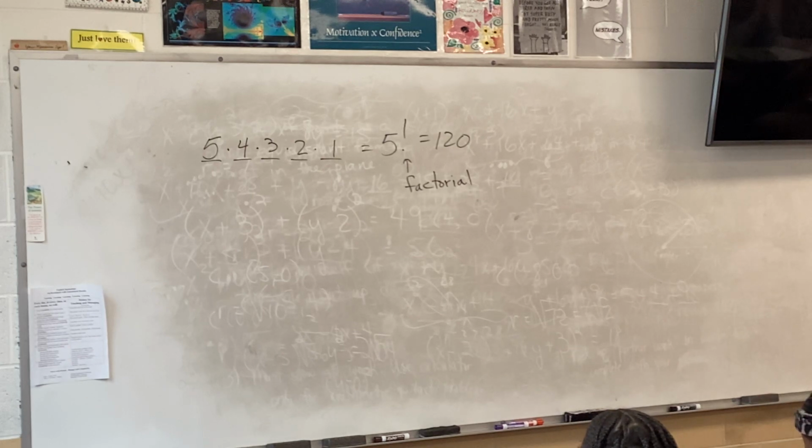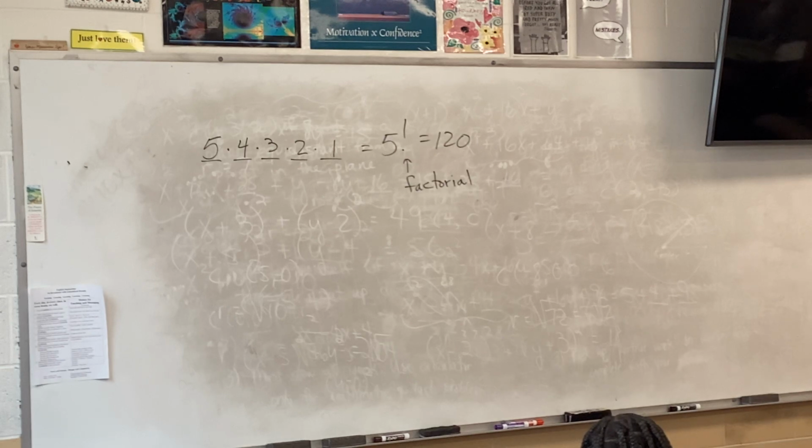No. The general rule of thumb is, if you have n things, and you're lining them up in a row, it's n factorial. So it doesn't matter if it's people, books, teddy bears, it doesn't matter. If you're lining them up in a row, it's that factorial, okay?